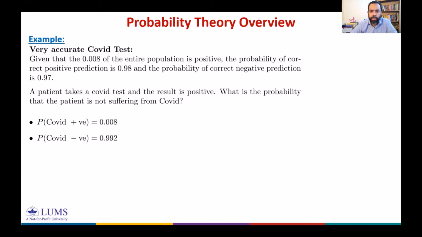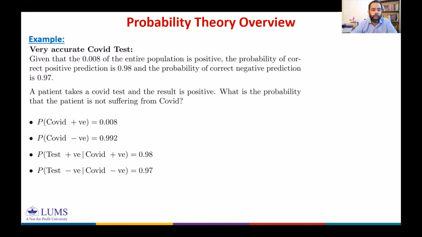Probability of testing positive given the patient is COVID positive is 0.98, because the test is correct with 0.98 probability. Probability that the patient is COVID negative and the test turns out to be negative is 0.97.